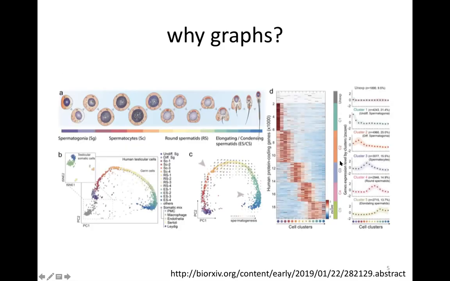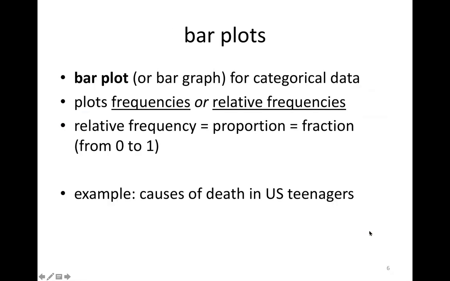We'll be partly talking about some types of these graphs, but we'll start from the very basics, and we'll start with bar plots or bar graphs. These are graphs to describe frequencies or relative frequencies for categorical data.